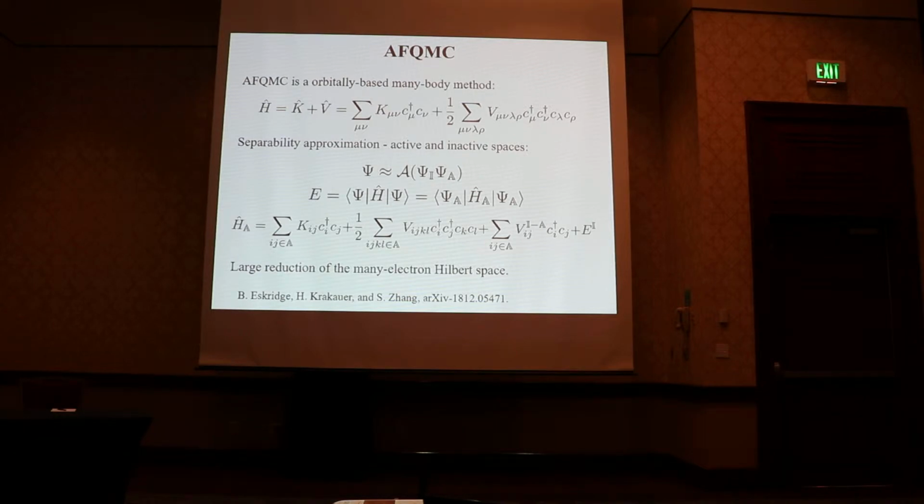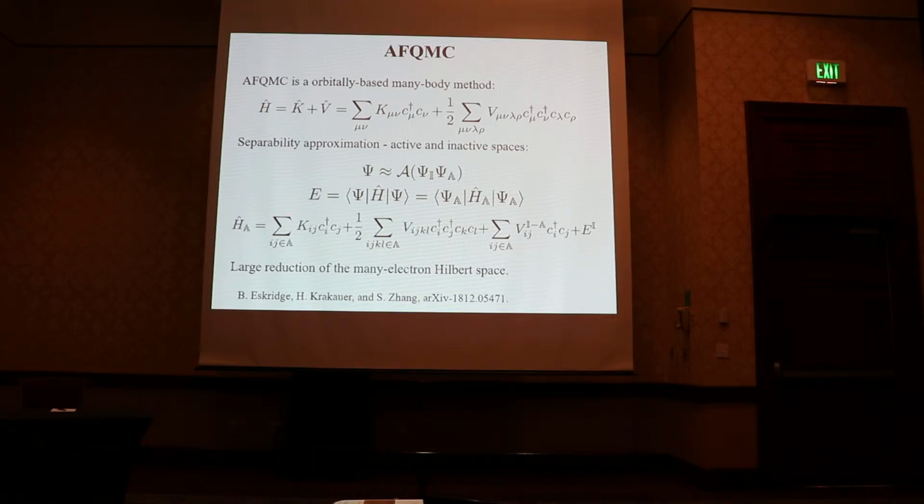In order to make our approximation, we use this separability approximation, where you partition the Hilbert space into active and inactive spaces, and write the many-body wave function in this fashion. And you can show that the total energy can be achieved using an effective Hamiltonian and a wave function that spans only the active region.